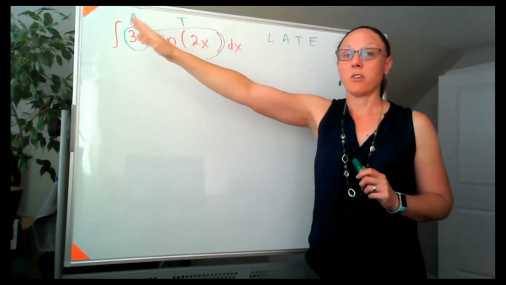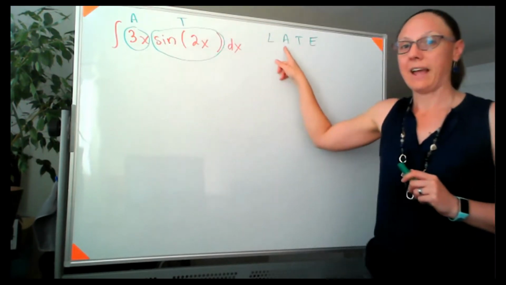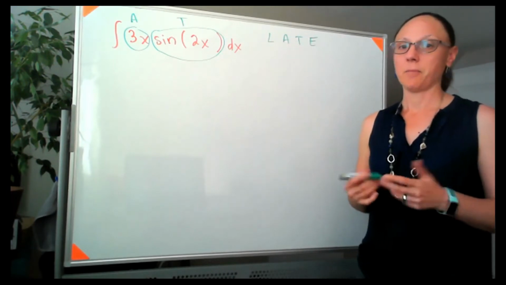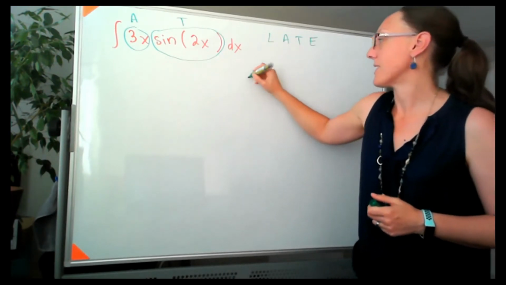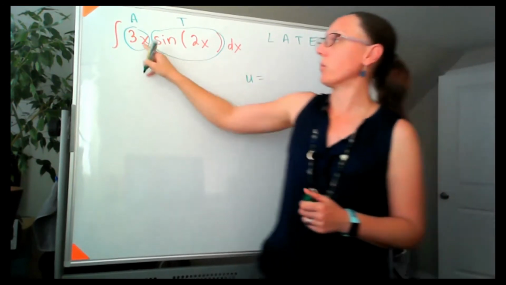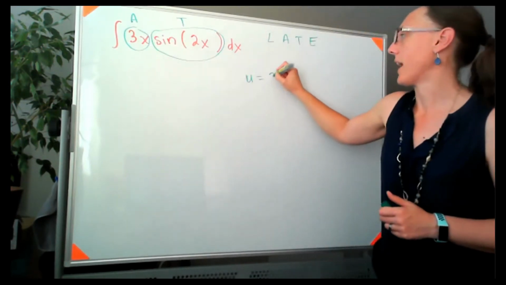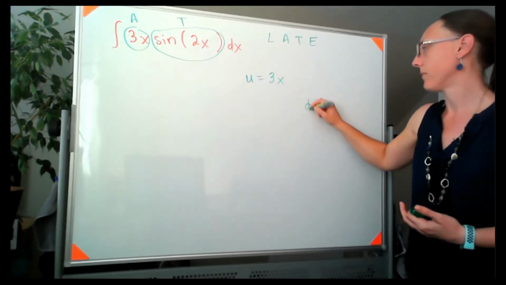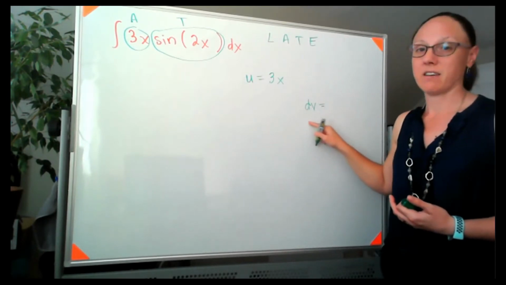Since this is a mixture of algebra and trig, algebra, or the A part, comes first in the word LATE. I'm going to set u equal to my algebra part, the 3x. That means that everything else in the problem must be dv.